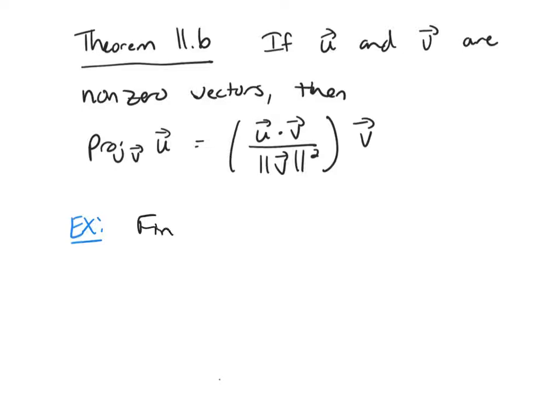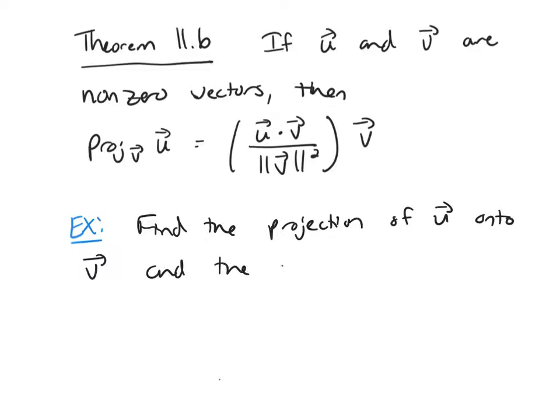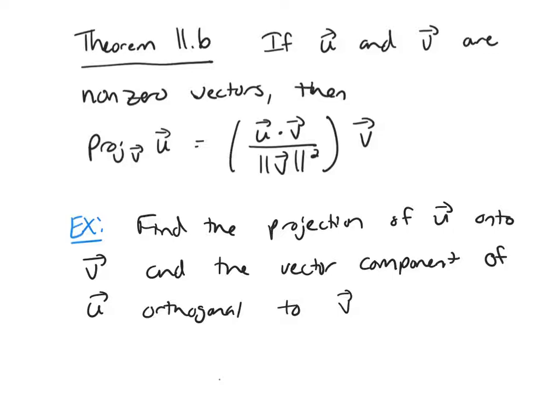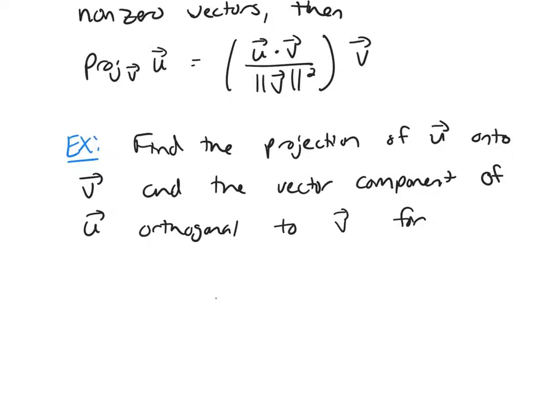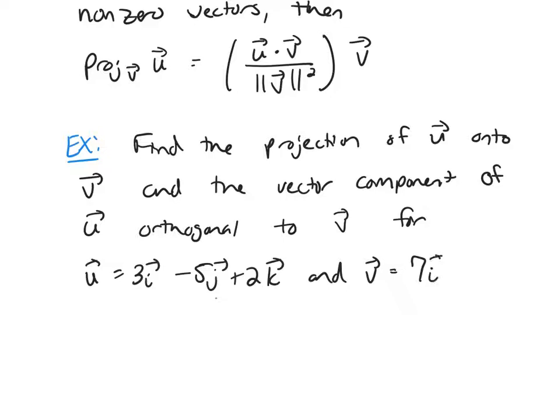I want you to find the projection of u onto v, and the vector component of u orthogonal to v for the following scenario. u is going to be the vector 3i minus 5j plus 2k, and the vector v is going to be 7i plus j minus 2k.